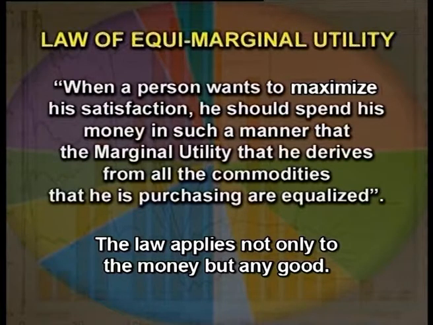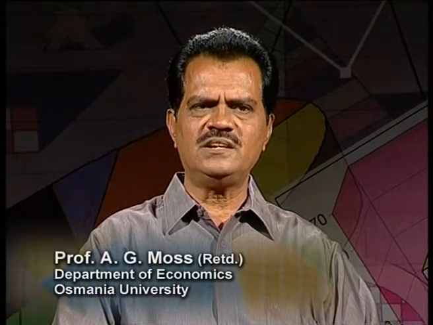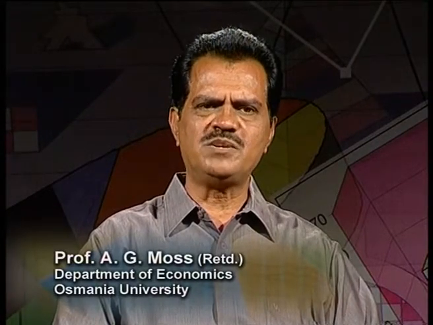Suppose a person has some good which can be used for multiple purposes, then how does he distribute that good among those multiple purposes such that his total satisfaction or his total utility is maximized? And therefore, this applies to anything.